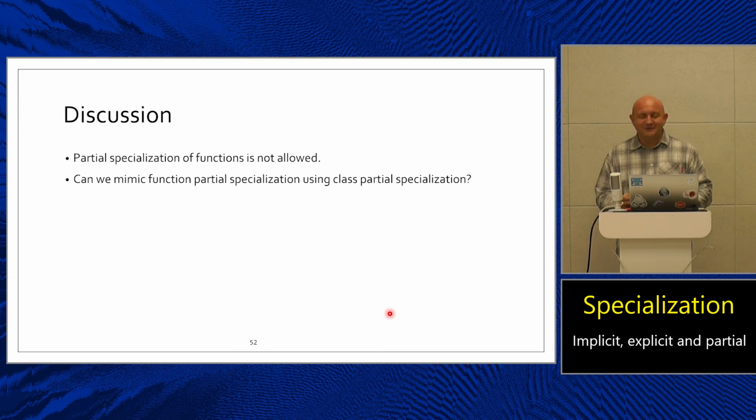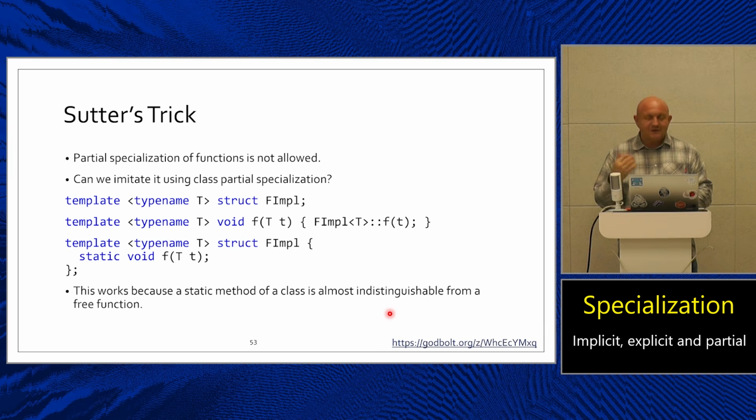Pause the video now. Can we mimic function partial specialization using a different feature? 3, 2, 1. Okay. This trick was proposed by Herb Sutter in 200-something, the beginning of the 21st century. It is a classic workaround. The problem is we can't partially specialize a function template, but we can partially specialize a class template, and the trick is to delegate the real work.